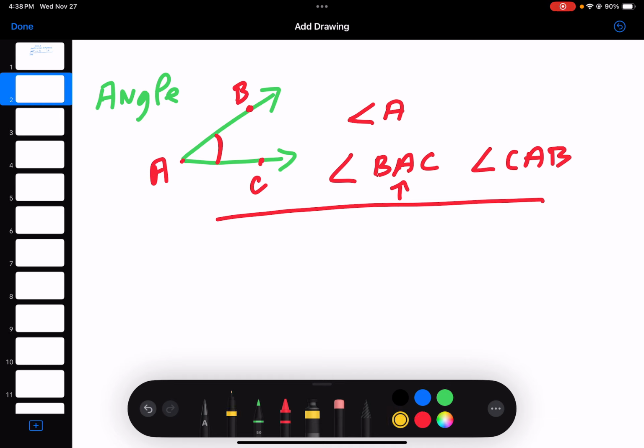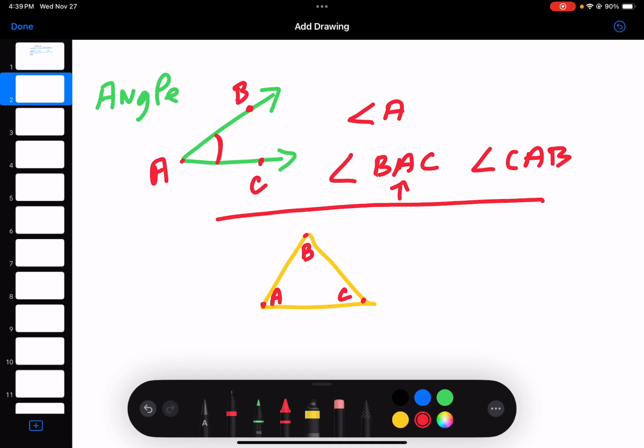A triangle is a shape with three sides and three vertices. So I think you guys know what a triangle is by this point, but to be more precise, we'll call this point B, point A, point C, which A, B, and C are vertices. A is a vertex, B is a vertex, C is a vertex.